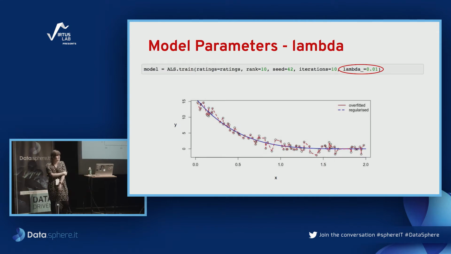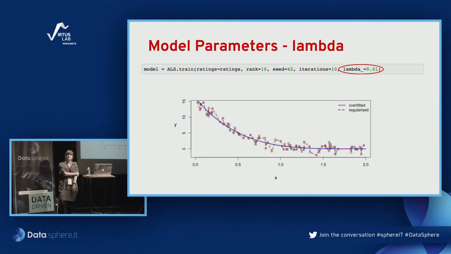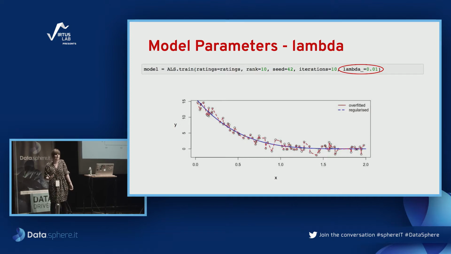And finally, lambda. When we are fitting a model to training data, you don't want the model that you build to be too reliant on the training data. We saw an example earlier where an image recognition model was trained using pictures of wolves with snow in the background, and then it thought that when it saw snow, it must be a wolf. And we'd like that not to happen.